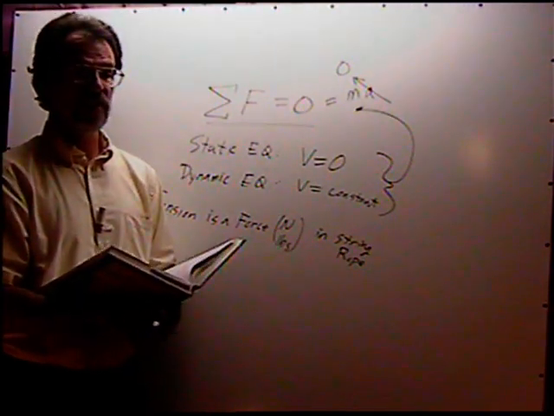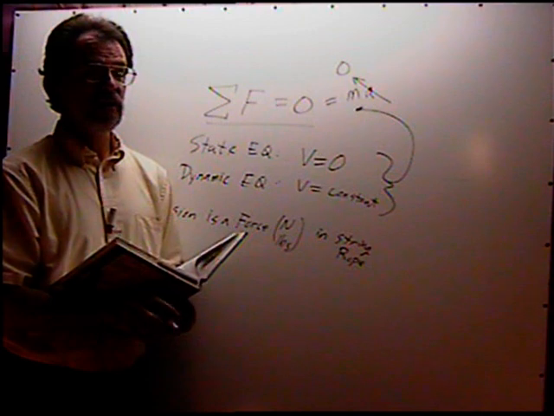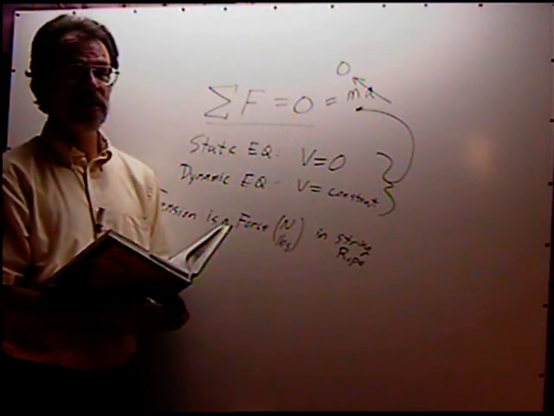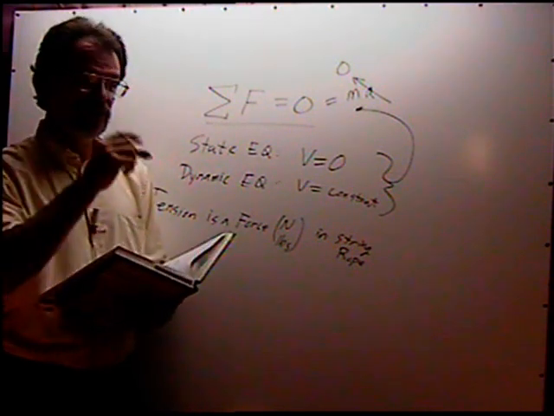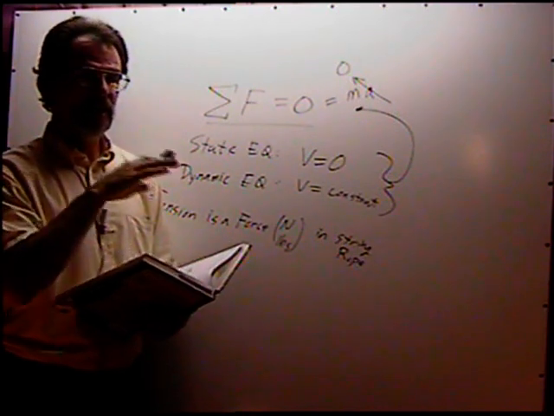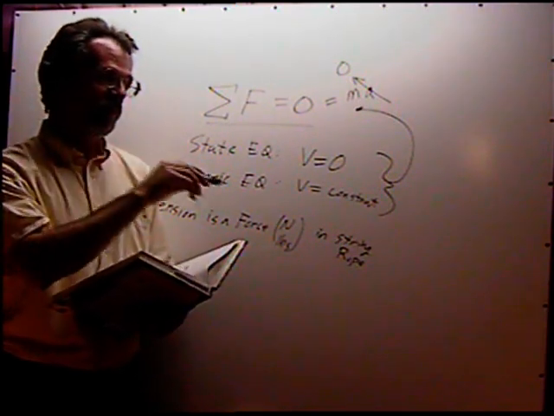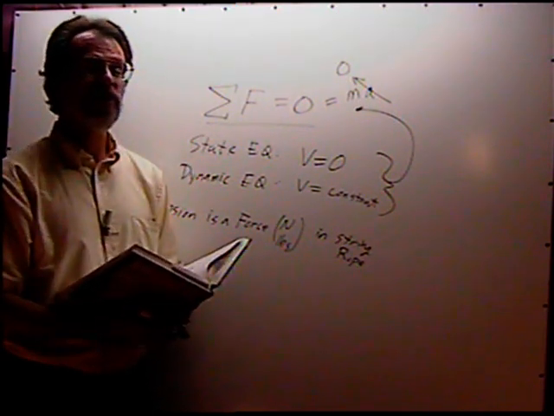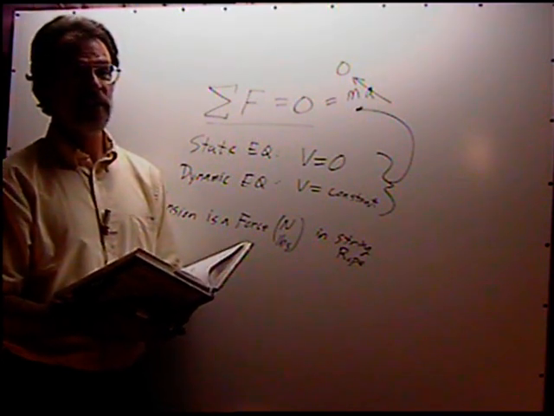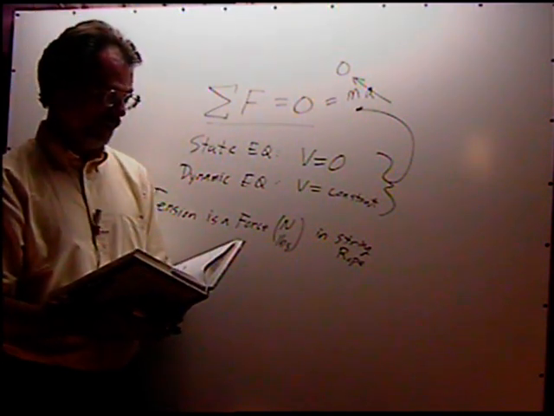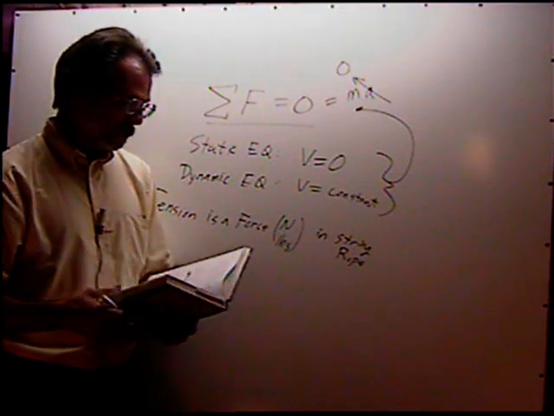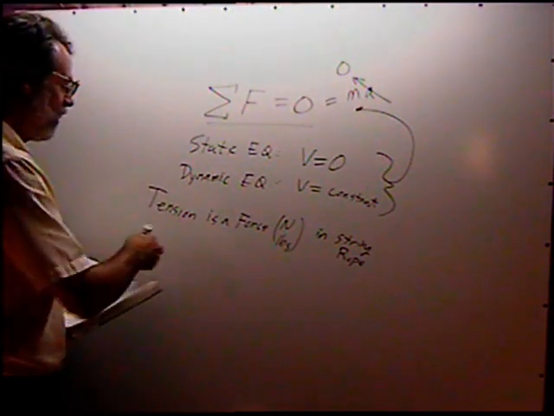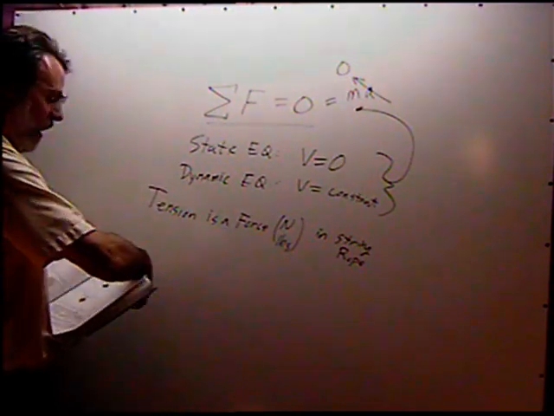If you're in engineering and you're looking at the tension along a beam, it would be the tension that's going longitudinal through that element, through that beam, or through the string.